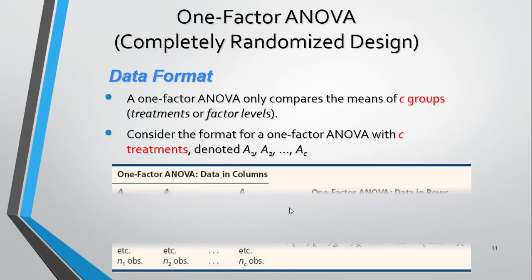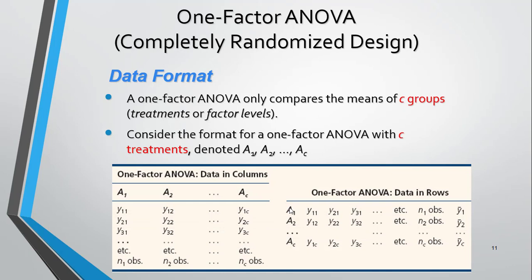So, data format. When you enter the data in an Excel spreadsheet or other software, you can enter it both ways. 1-factor ANOVA only compares the means of C groups. You can consider the format of 1-factor ANOVA with the C treatments, A1, A2, up to AC. You can enter the data in columns.